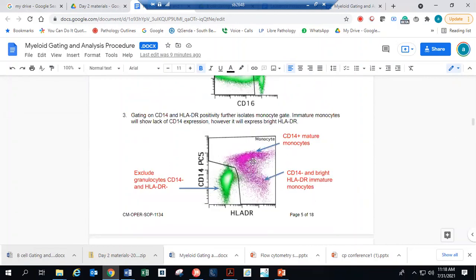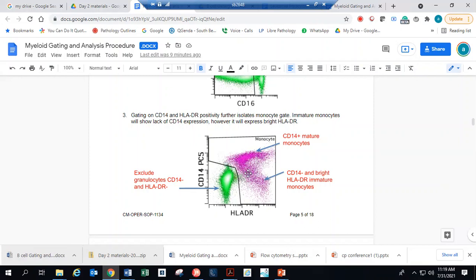Coming to the mature and immature that we were talking about again, CD14. Someone asked yesterday, CD14 can be used for gating immature monocytes, right? Over here, you can see the brightest CD14 will be more of mature monocytes.